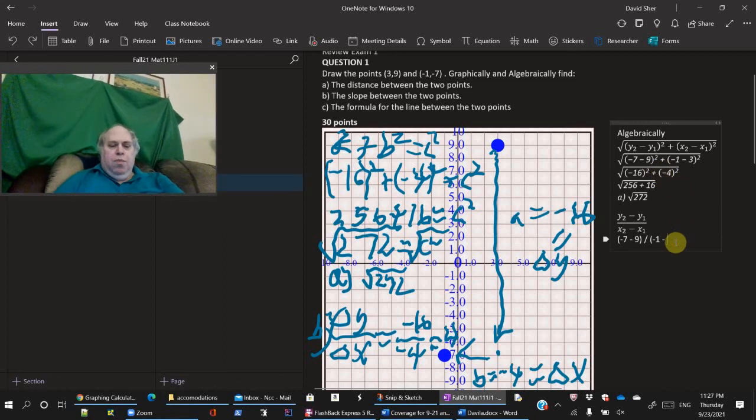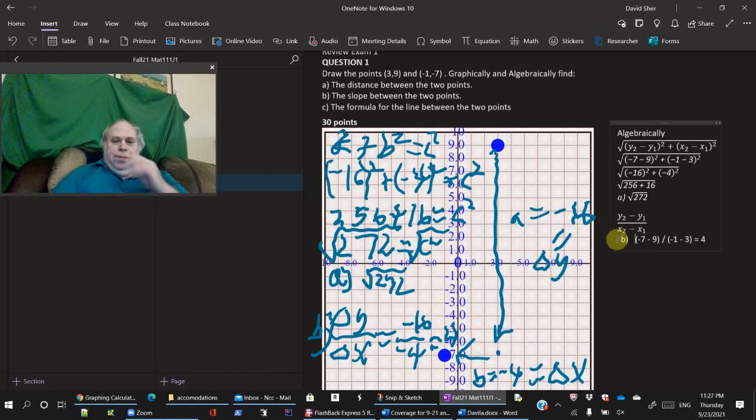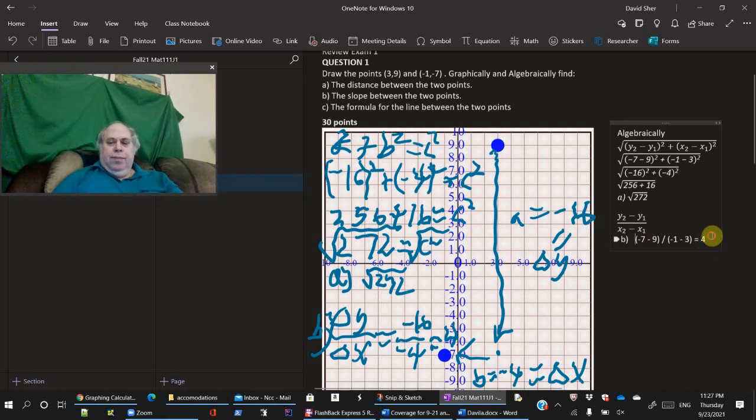Right next to the 1, there. And our result, I'll just plug that right into the built-in calculator of OneNote, and I get 4 is the answer to B. Here's the answer to B.